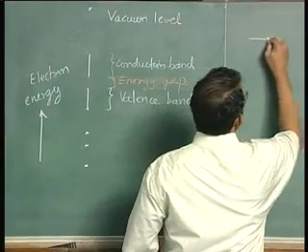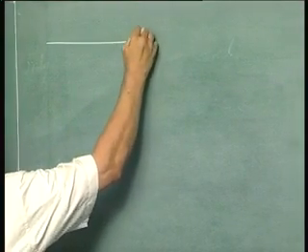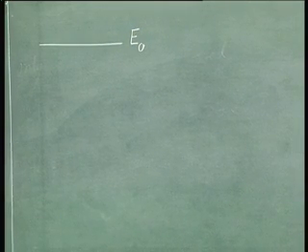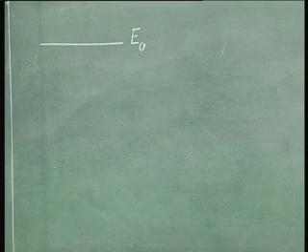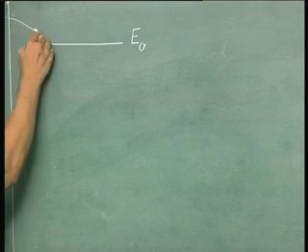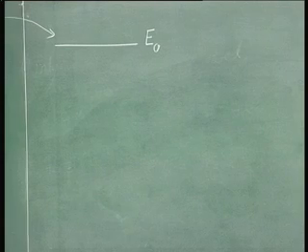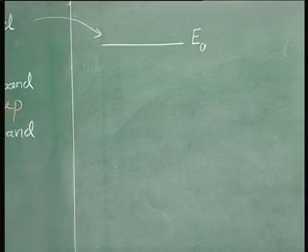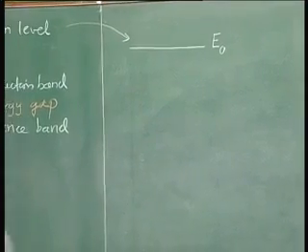So vacuum level will be drawn as a line, and the symbol used is E suffix 0. Okay. So this is the vacuum level.